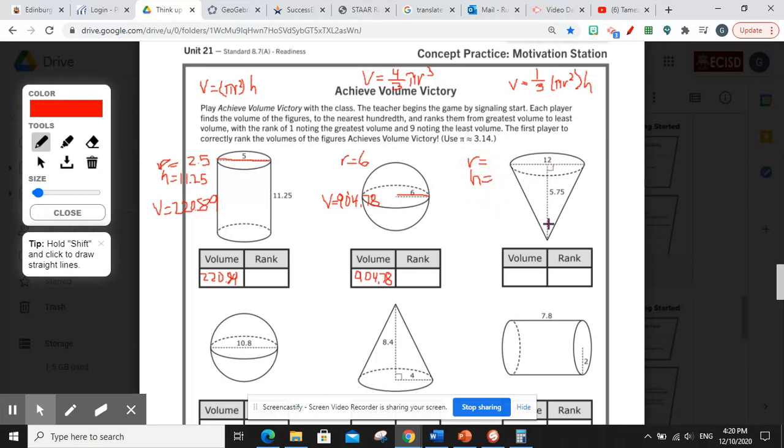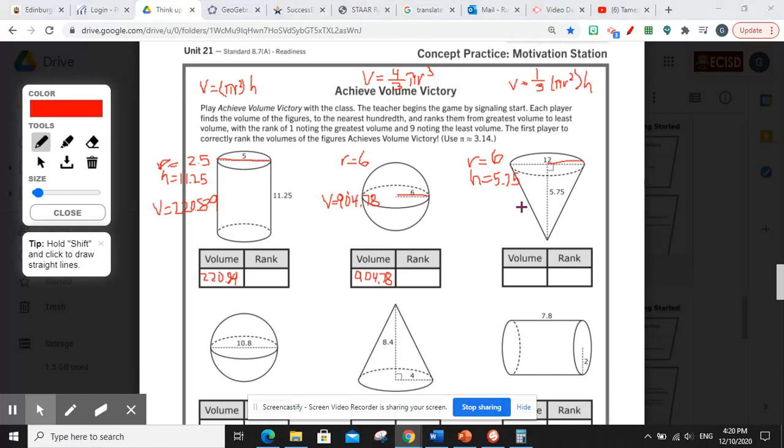Well, my height is 5.75 and my radius is going to be, careful, it's not 12. Remember, I need radius only, halfway from the center to the end, not the whole thing. So I need to divide it in half. Well, half of 12 is 6.